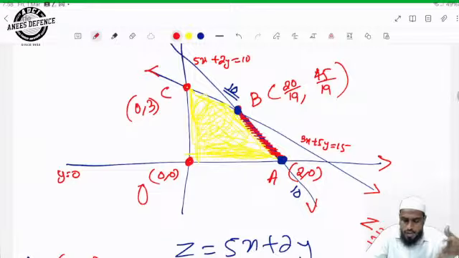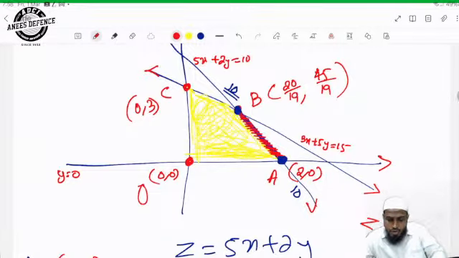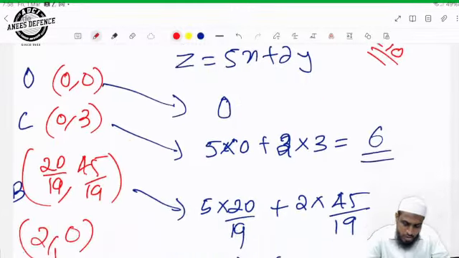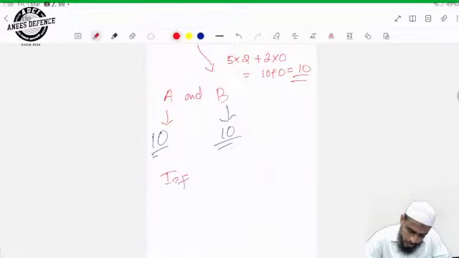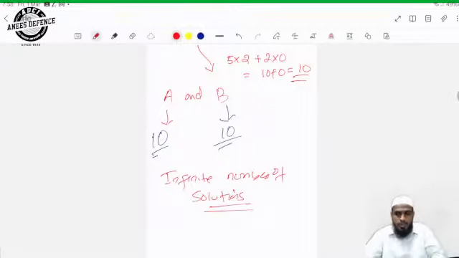So all points between A and B means there are infinite number of points. So we can say our solution is infinite number of solutions. So this idea you should recall.